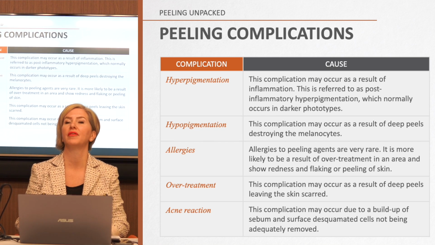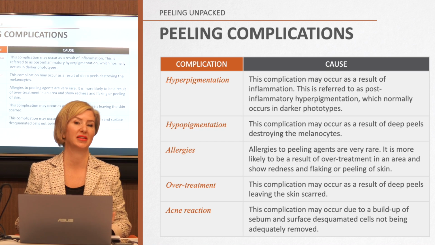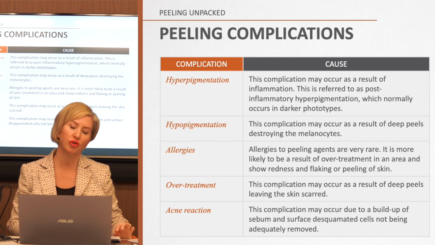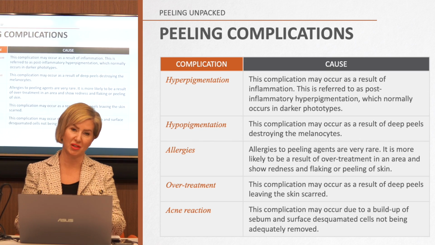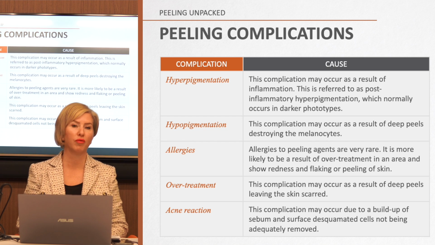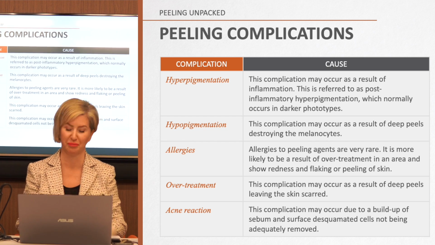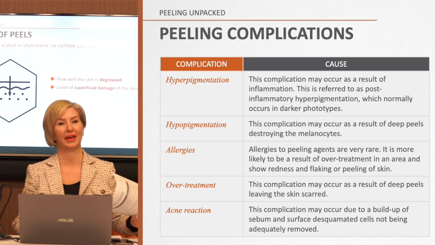So if you have a client who was like, I'm kind of afraid to have a peel because they may have experienced a peel from somebody else and then they broke out. That's usually because the skin wasn't degreased properly in advance of the peel. It wasn't cleansed properly. So the overall effect wasn't efficient and they had a breakout. So those are some of the peeling complications.